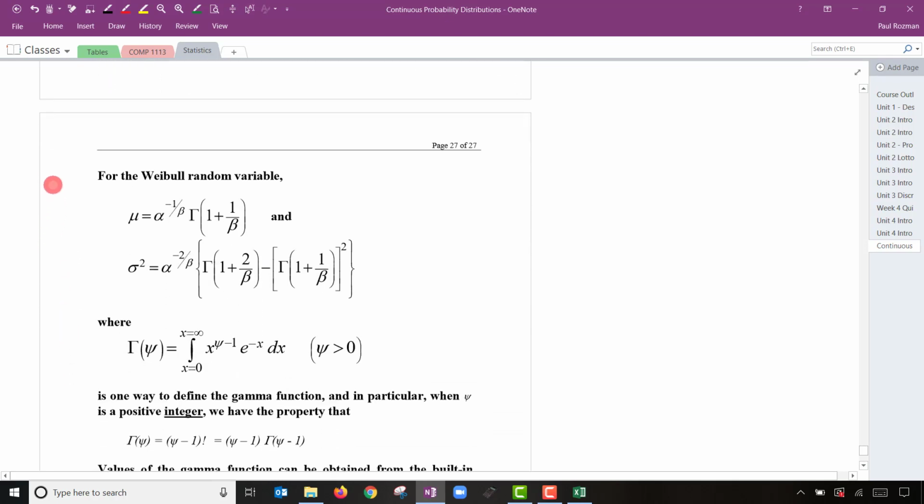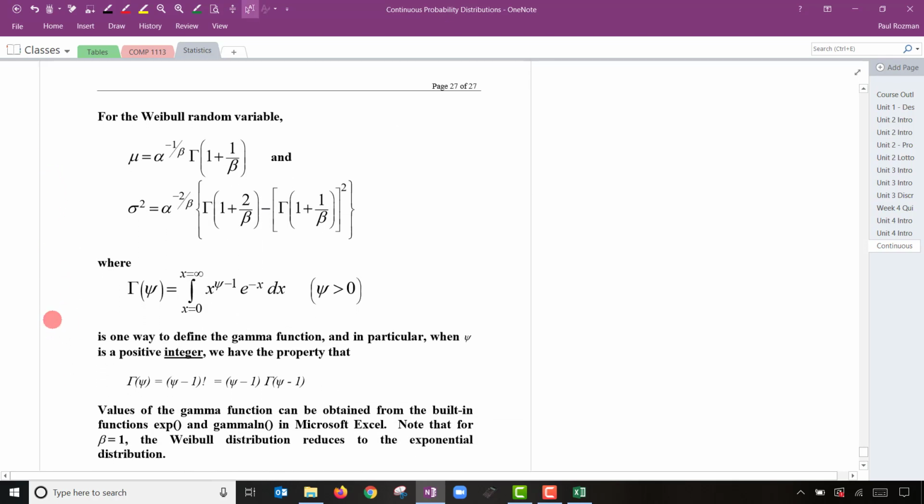The mean of the Weibull distribution is getting pretty mathy. It's alpha raised to the negative 1 over beta times the gamma function of 1 plus 1 over beta. And the variance involves the gamma function. And then I reminded you what the gamma function was.